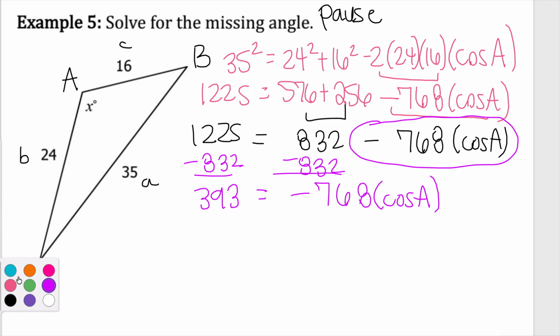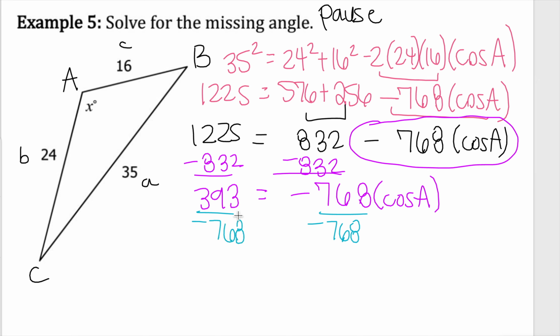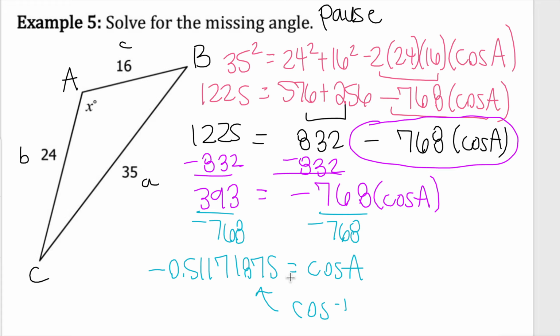Then to solve, divide both sides by negative 768. So 393 divided by negative 768 is a negative 0.51171875. And that is equal to the cosine of A. So here's where we will use our inverse of cosine, and we get 120.8 for x.